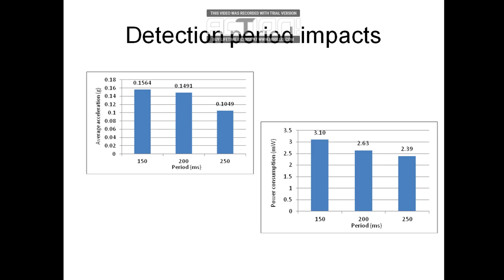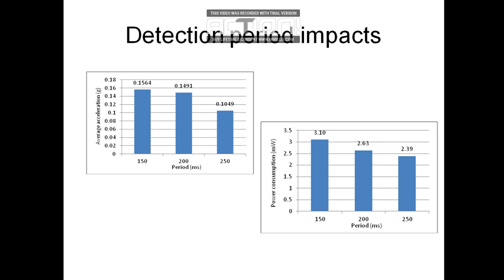And now the detection period. As we can see here, the more frequent detection occurs, the higher the average amplitude of detected vibrations. We see here 150 millisecond gives 0.1564 G, while 250 millisecond only gives 0.1049 G. But in contrast, the more frequent detection, the higher the power consumption.